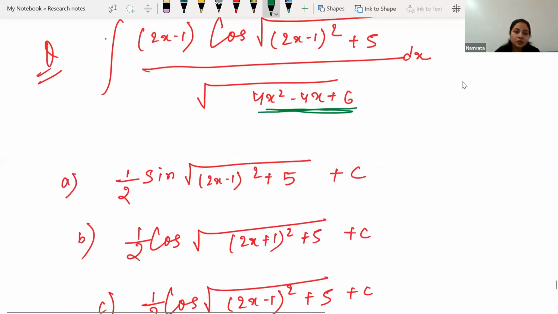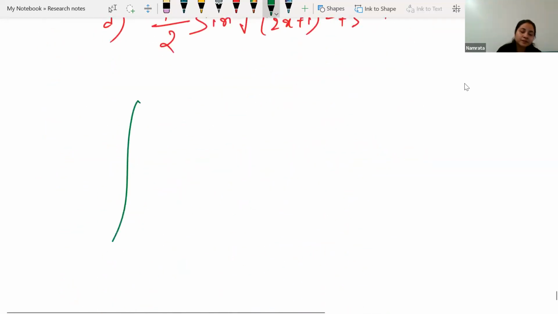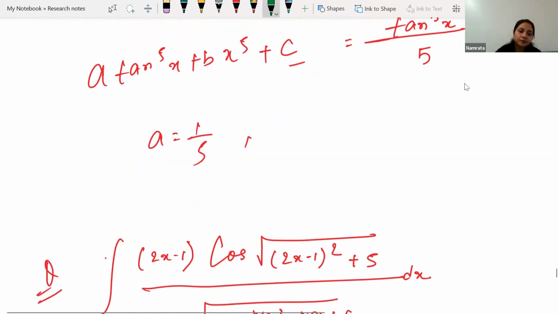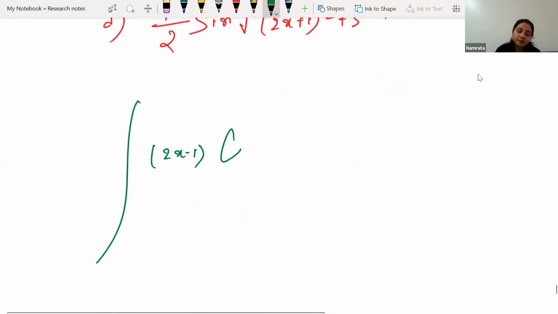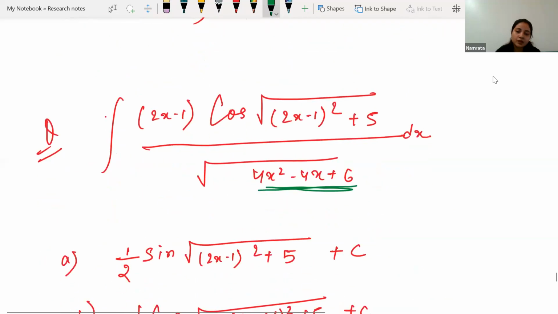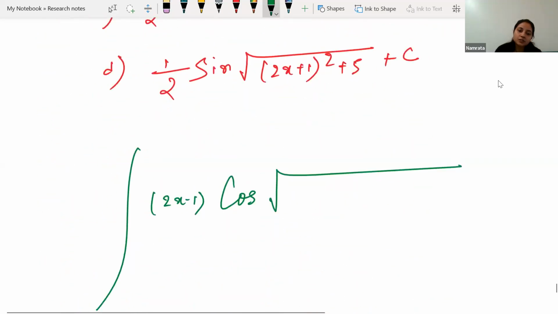No. Let's move ahead. We are having 2x minus 1 cos of under root 2x minus 1 whole square plus 5.